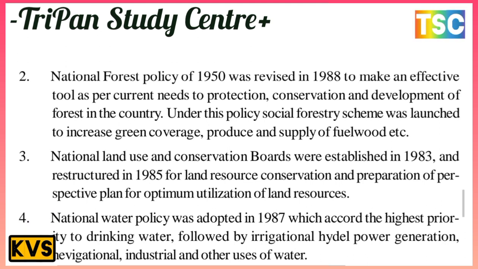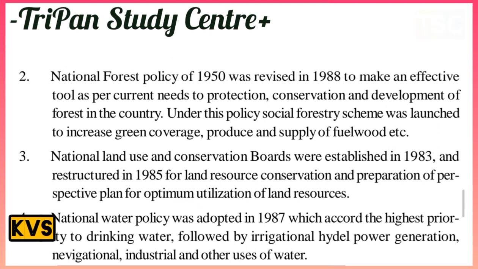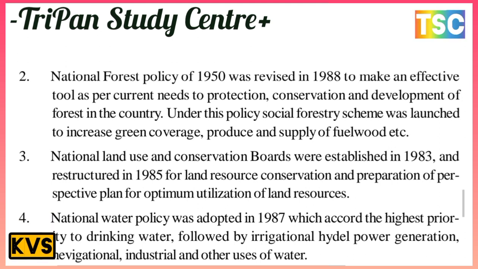And next, the National Land Use and Conservation Board was established in 1983. This is important. It was established in 1983 and restructured in 1985 for land resource conservation and preparation of a prospective plan for optimum utilization of land resources. This is an important point.